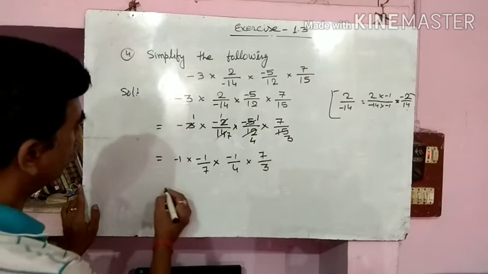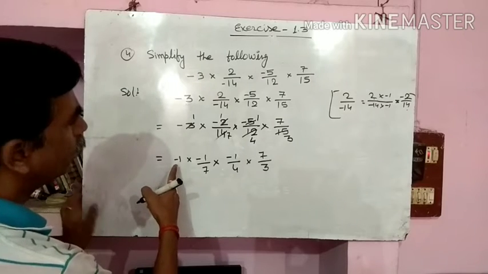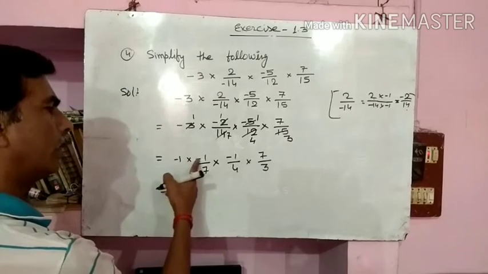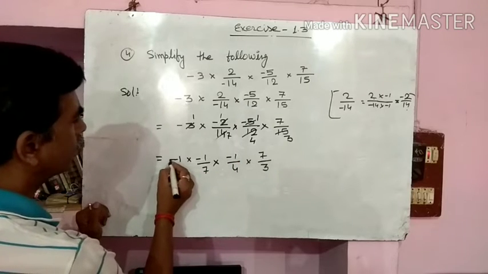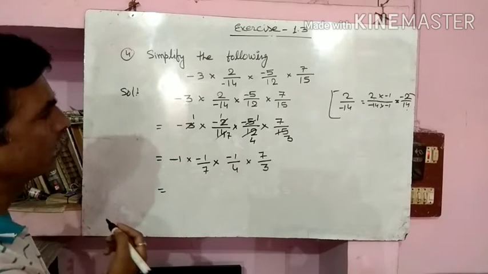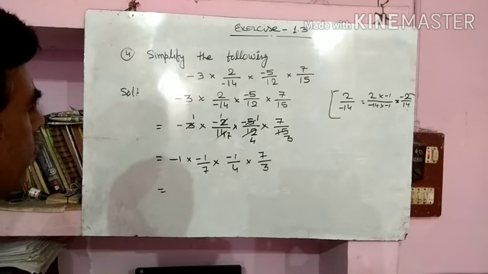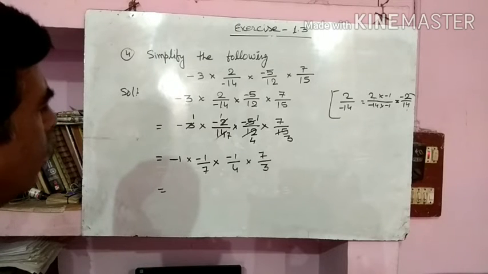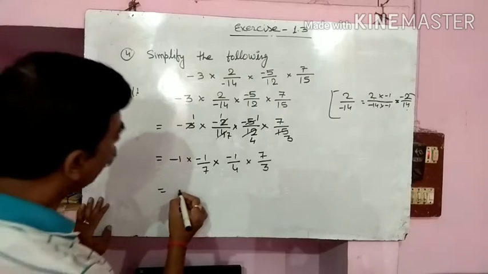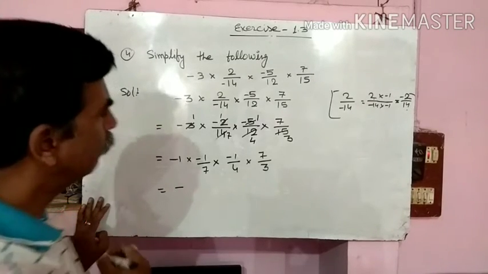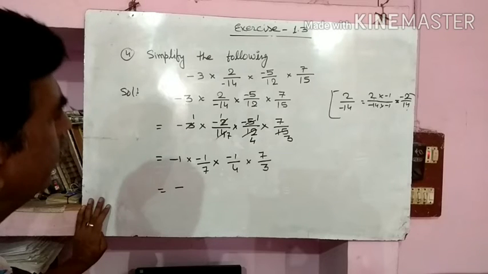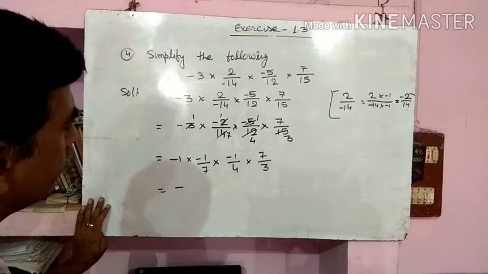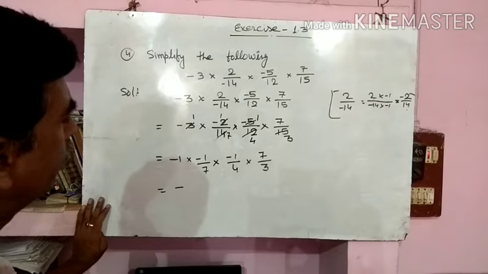Okay, so what you'll get? Look, minus 1 into minus 1 into minus 1. If there are terms of minus or negative in odd number, the result will be minus. If the product of negative numbers is in even number, then the result will be positive.